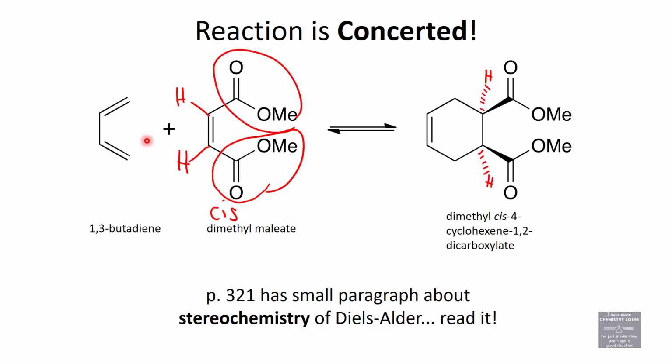The two planar things have to hover next to each other in order to react. The reaction happens all at once. It's a concerted thing. Pi bond goes here, pi bond goes there, pi bond goes there. 3 arrows all at once. Everything's happening all together. Because it's two planar things reacting, whatever stereochemistry you start with, you lock in that stereochemistry.